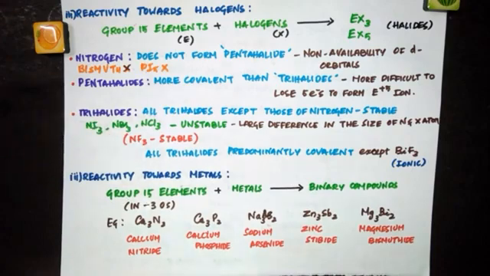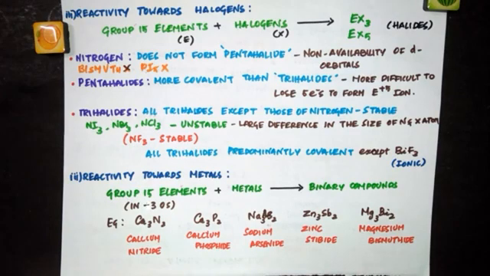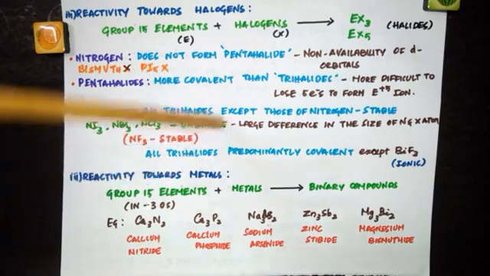Because you know nitrogen is of very small size, and look at the size of the halogens, chlorine, bromine, iodine. As the size is getting bigger and bigger, there will be a large difference in the size of nitrogen and the halogen atom, and that is the reason the trihalides of nitrogen are unstable. But one trihalide of nitrogen, which is NF3, is stable because both nitrogen and fluorine are small in size, so the bond formed between them is strong enough.